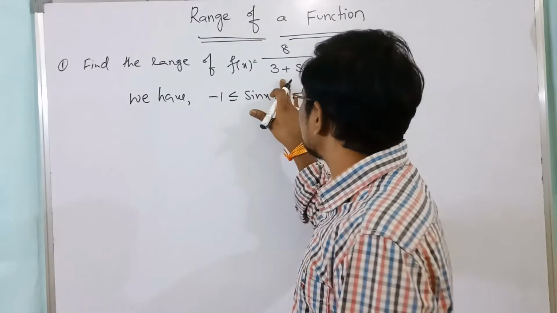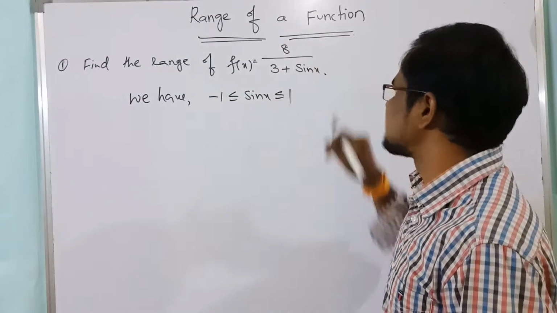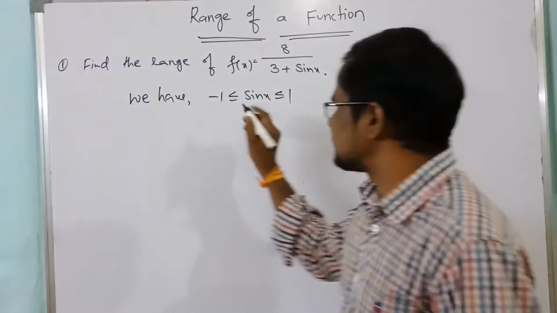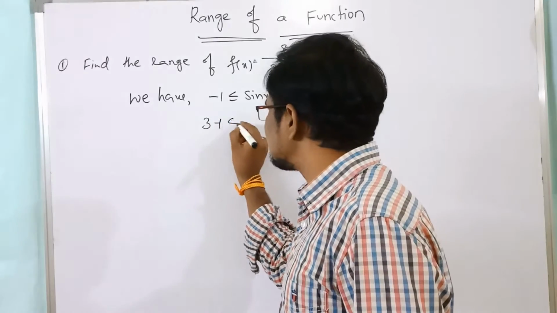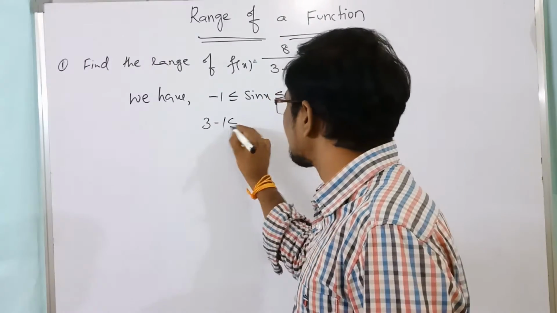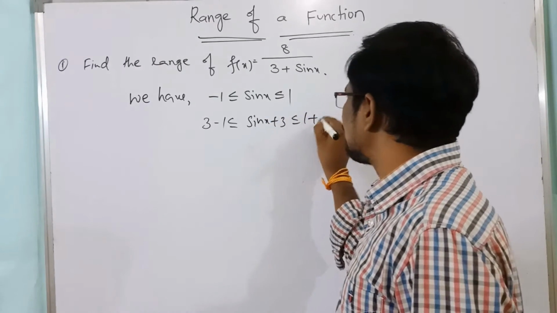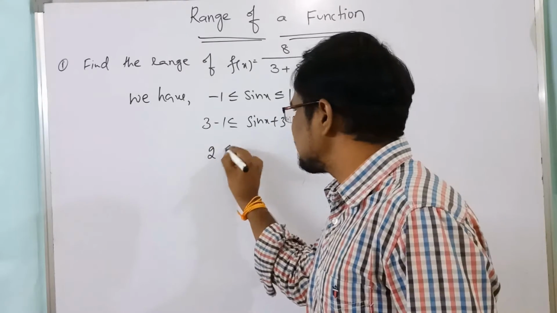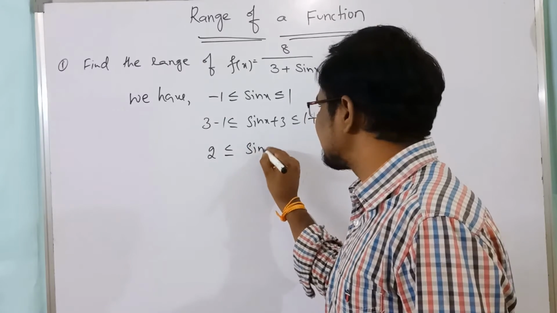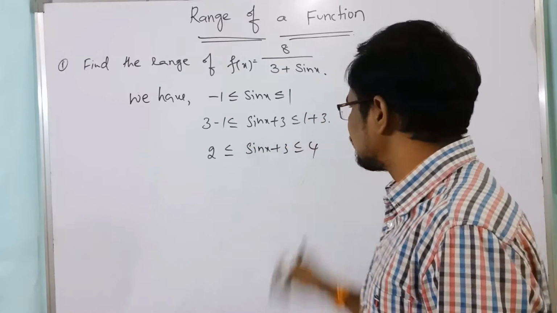But which range do you want? 8 by 3 plus sin x. For that add plus 3. So minus 1 plus 3 less than or equal to sin x plus 3 less than or equal to 1 plus 3. So here 2 less than or equal to sin x plus 3 less than or equal to 4.